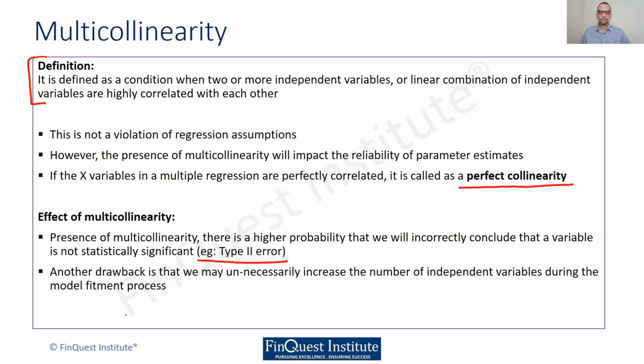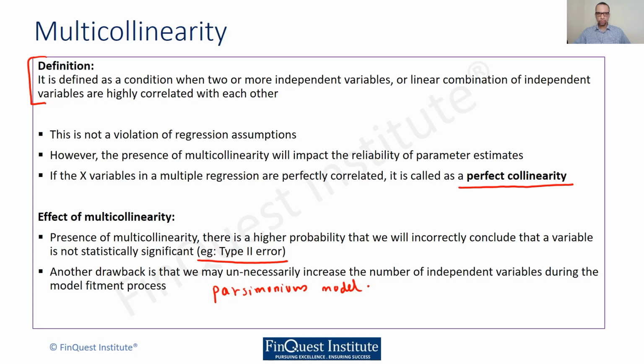Now, again, this is something which becomes important from the idea of machine learning as well. Remember that even in machine learning, we try to follow the idea of a parsimonious model. That is, we need to reduce the number of independent variables or independent parameters which go into the model so that it becomes easy for us to tune the model as well.